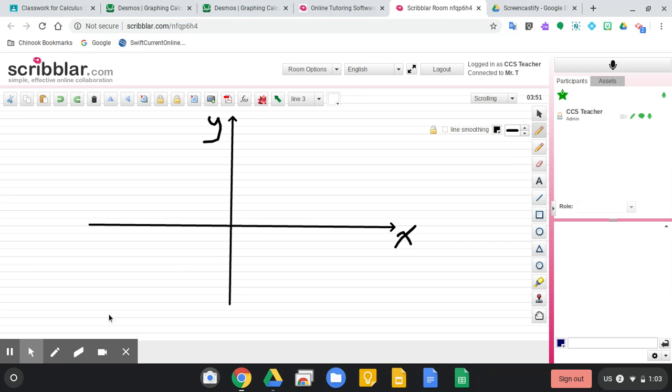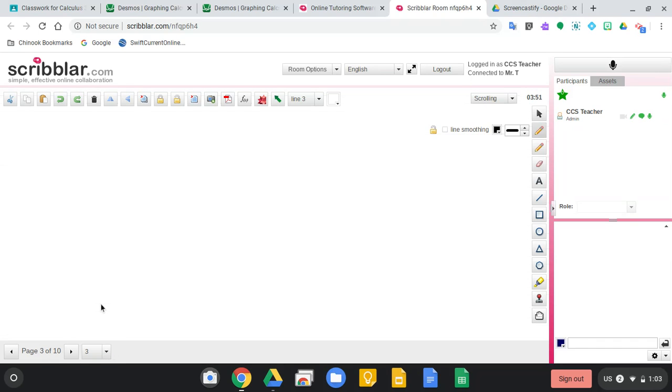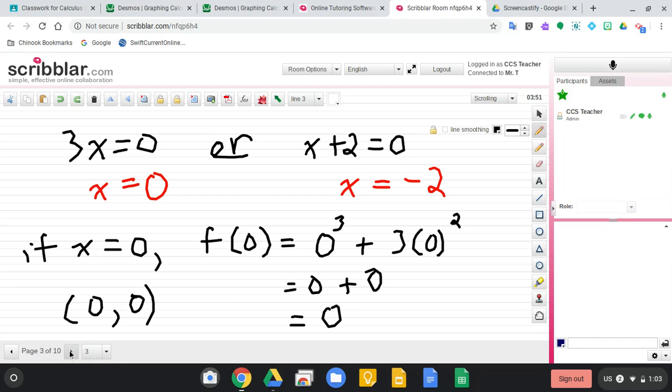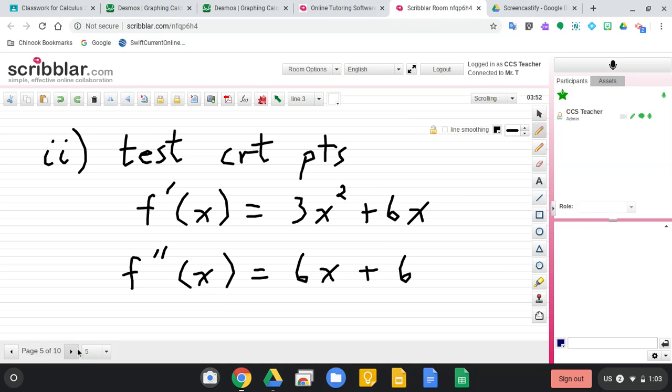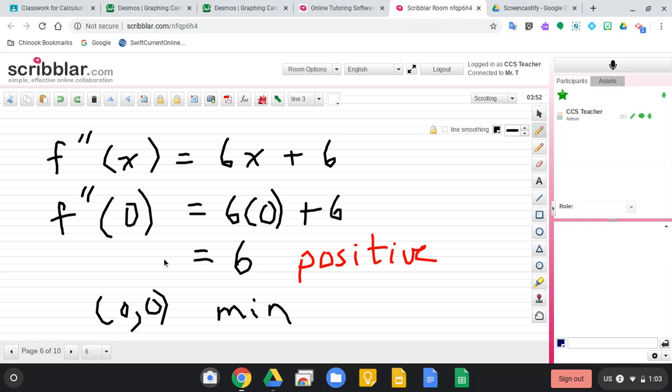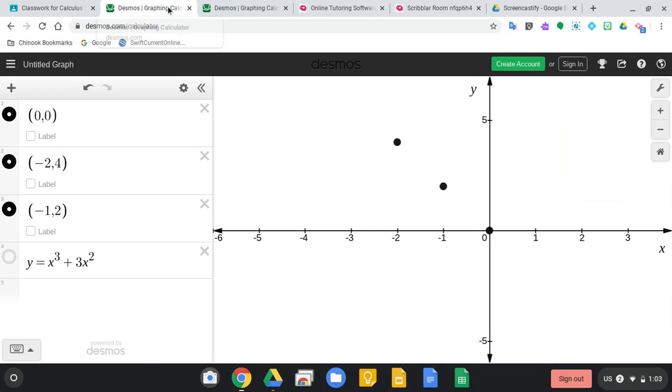If I go back to my scribbler, 0, 0 was a minimum. So if I go back to my graph, this is a minimum.